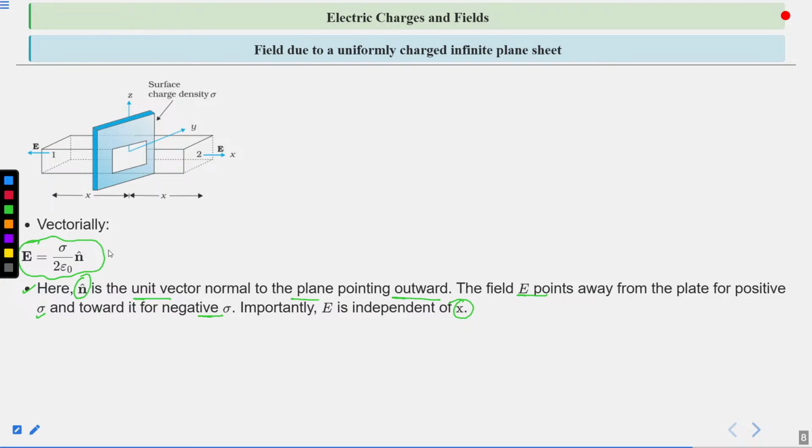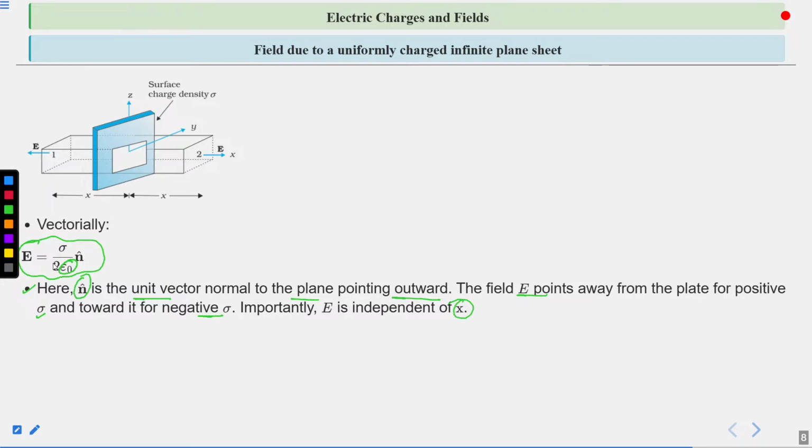E remains constant. Listen carefully. Epsilon naught is also a constant value. So the only factor on which the electric field depends is sigma. Clear?